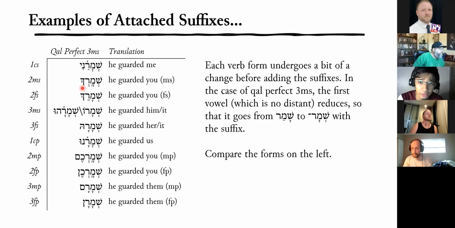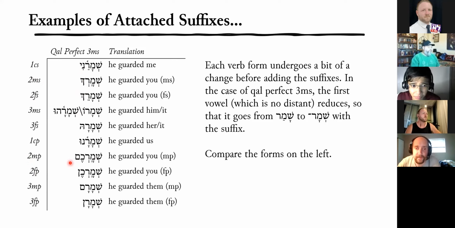And then I don't know why the linking vowel is sheva. With the cha, and with ech, they don't change. Yeah, they stay the same. With all of the second person singular and plural, they remain the same. Great.